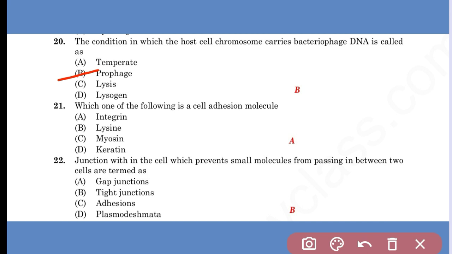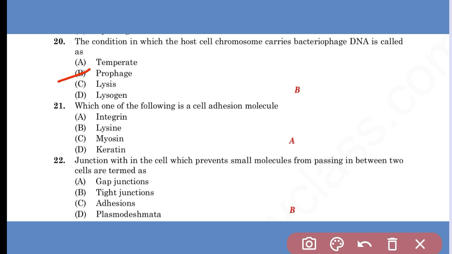Then the other option, the temperate phage. Temperate phage is a term given to the virus which causes a lytic cycle or lysogeny in the host. For example, lambda phage is a temperate phage. Then option C, lysis.